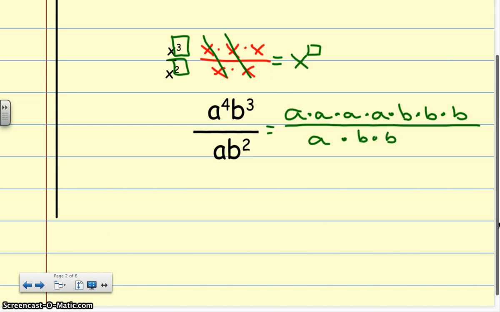Cancel out common factors. That's common. That's common. And another b is common. So we have a to the 3, and b just by itself, just one b. So I want you for a moment to share what you think the property is.